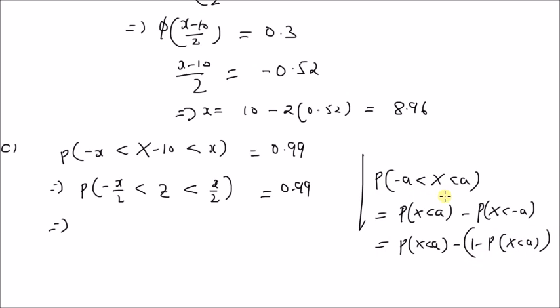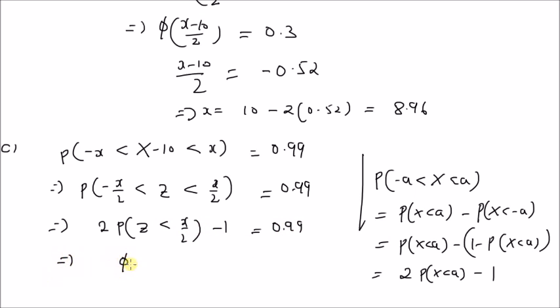Therefore, probability of the interval from minus a to plus a is equal to 2 times probability of X less than a minus 1. So by using this identity, we have 2 times probability of Z less than x by 2 minus 1 is equal to 0.99.